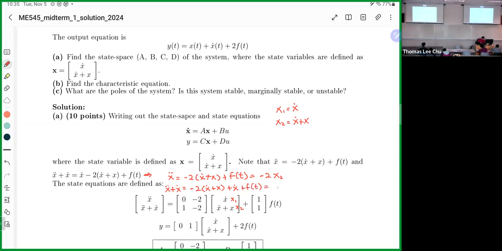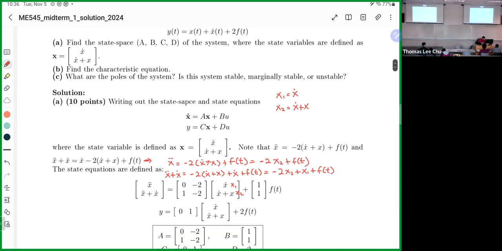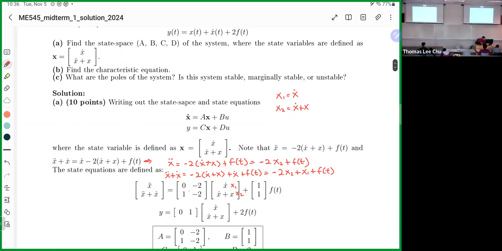And that's just equal to -2 x2 plus x1 plus f of t. So using that, I'm able to fill in this second row here. You get x1 with 1, -2 for x2, and then 1 for f of t. So that's the first problem.